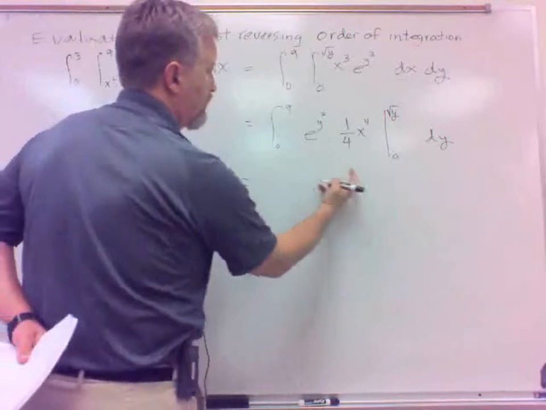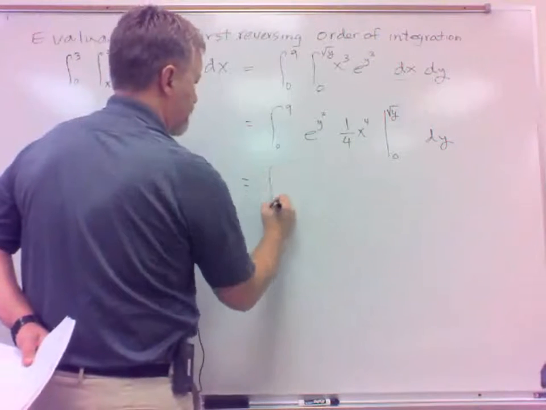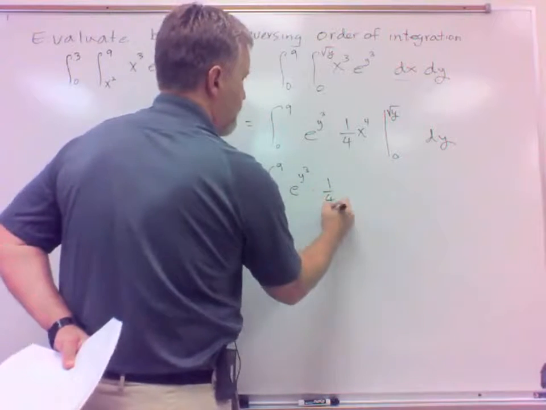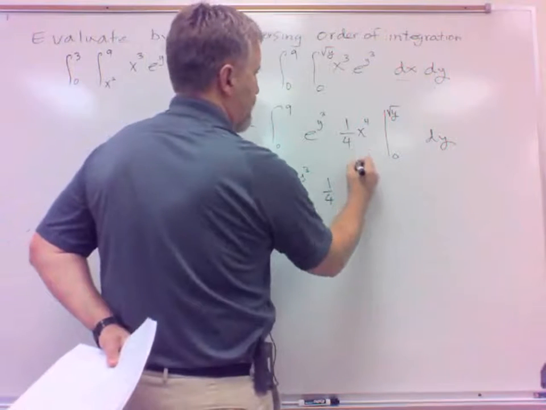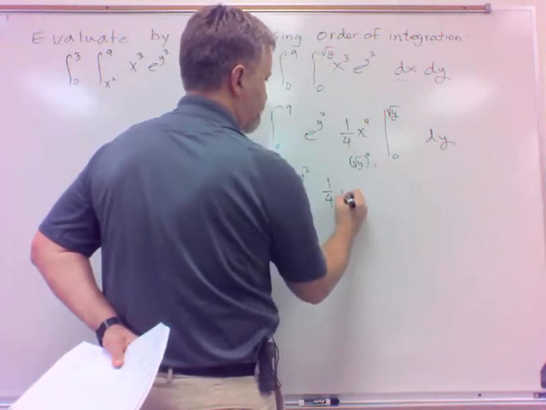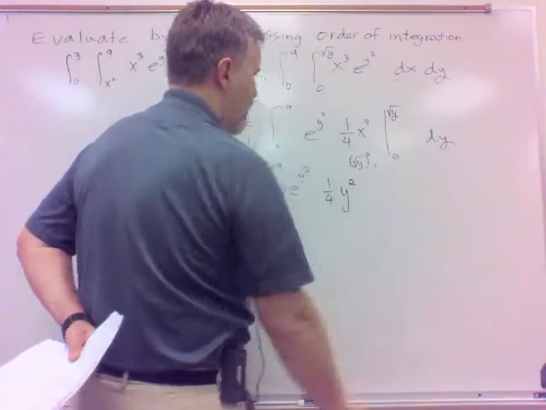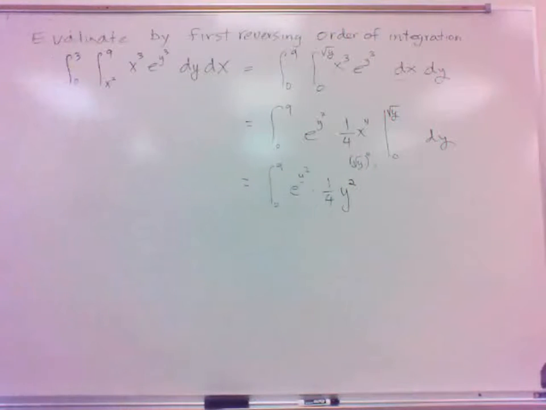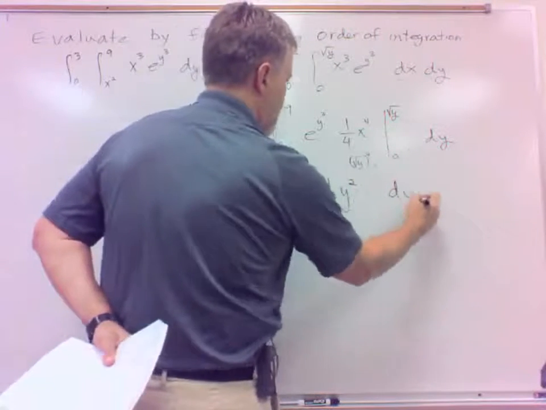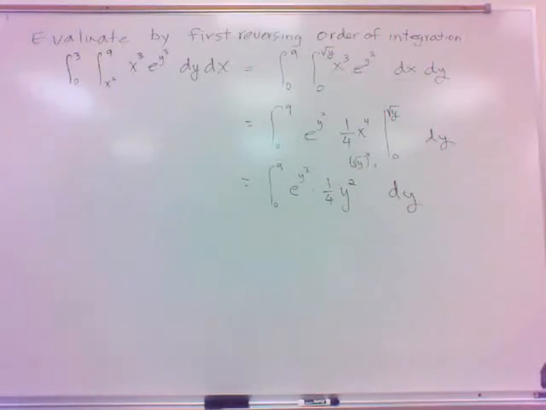If I plug in the square root of y, it's going to come out really nicely. That would be 1/4 times the square root of y to the 4th, which is y squared. And of course, plugging in 0 is just 0.